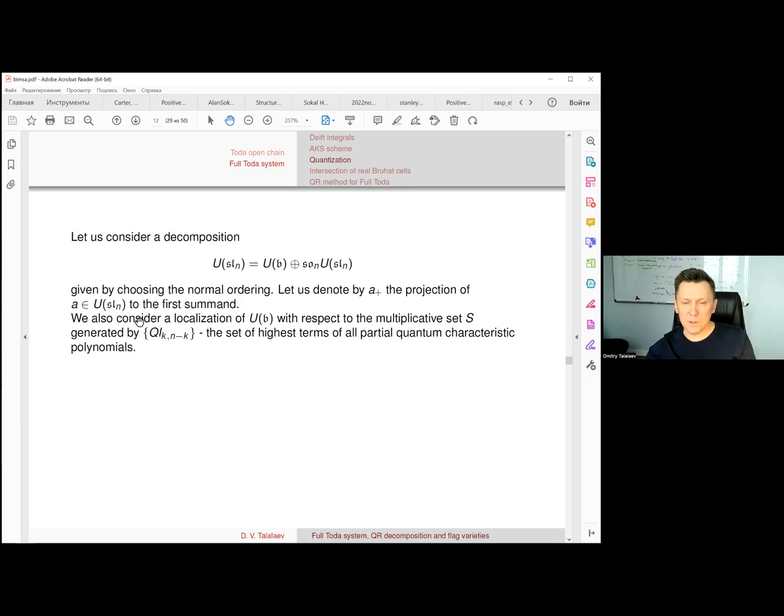We also need to consider localization of this associative algebra with respect to the multiplicative set generated by the principal terms in the polynomials generating the Hamiltonians of the full Toda system.